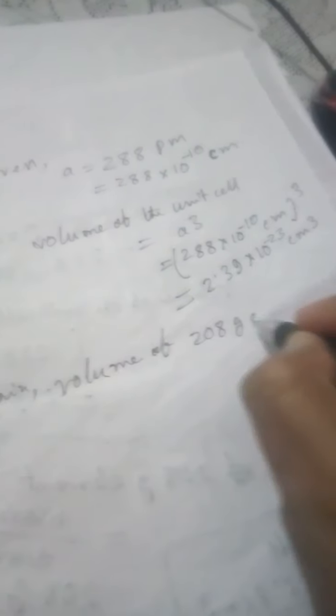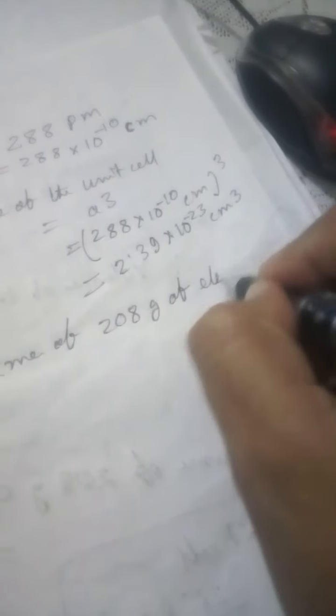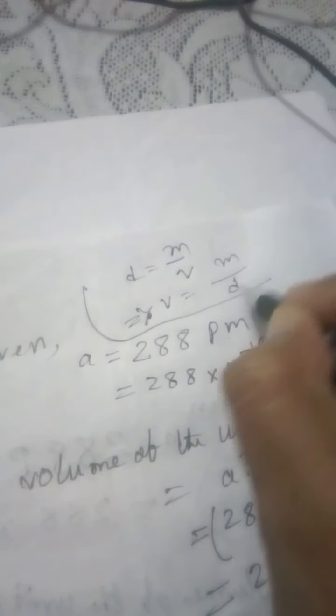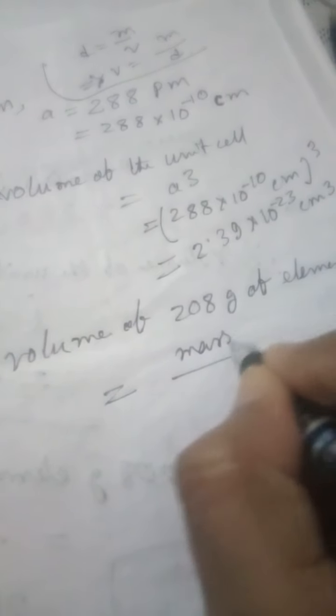Again, volume of 208 gram of element will be equal to what? We know that density is equal to mass by volume. So therefore volume will be equal to mass by density.